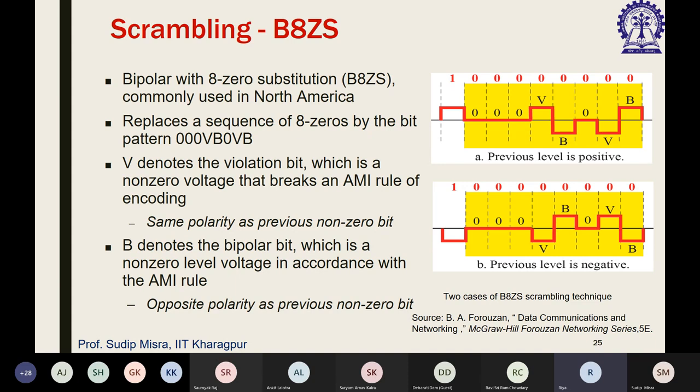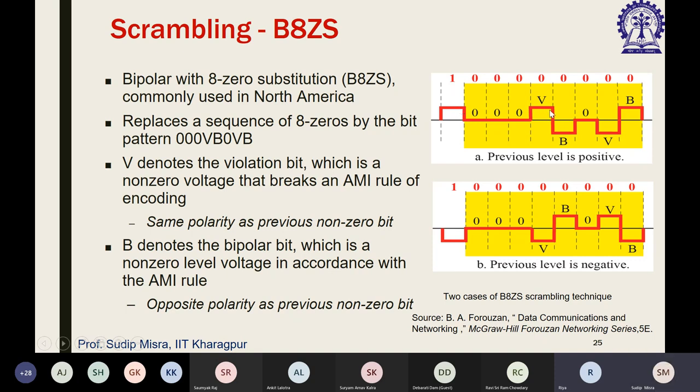Okay, so once this violation is introduced, it will have some voltage, positive or negative, whatever it is. So that has to be balanced. For balancing that, you need to use this B bit. So the rule is like this: if the previous non-zero bit is positive, then you get a positive violation.